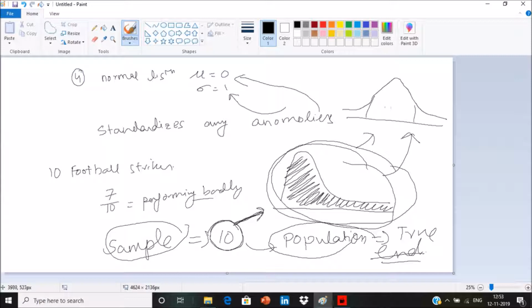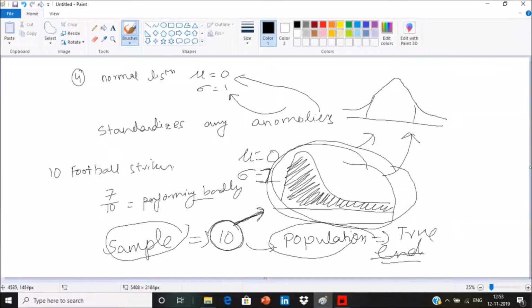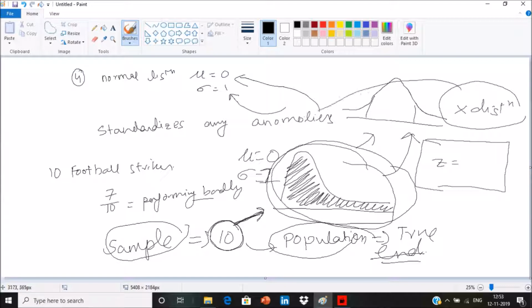Now, in order to do that, the mean has to be 0 and the standard deviation has to be 1. In order to achieve that, what we have is a z-score. Now, a z-score is the conversion of the x distribution, that is the distribution concerned with the sample, being converted into the z distribution, which is the distribution of the population.